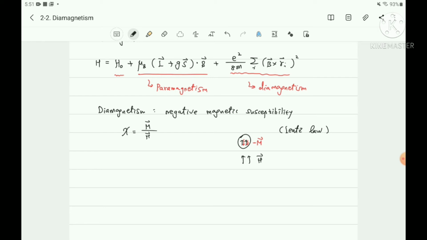They would like to have the ground state with lower energy, and in order to have low energy they behave so as to expel the applied magnetic field, which generates the negative magnetization, and that is the reason why they have the diamagnetic moment.